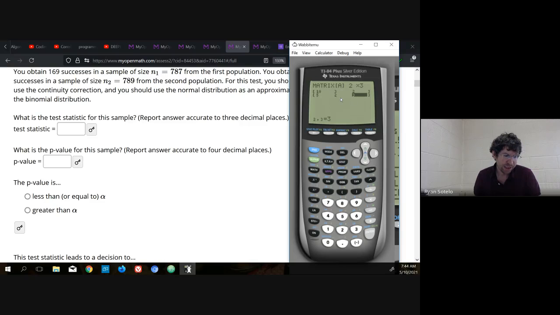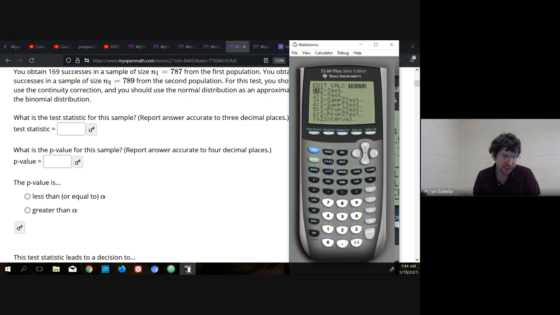So I put in my matrix for my observed there. The expected one I can go over in a different video, but the calculator does that for you. So if you're using the calculator, you don't have to enter it.